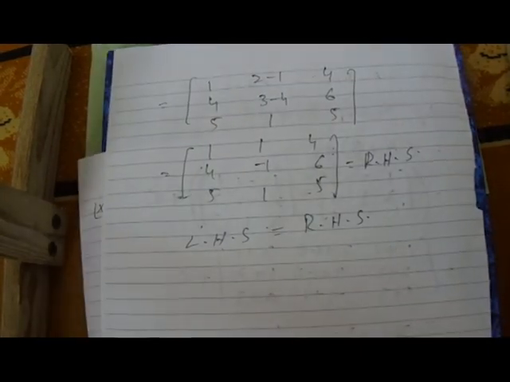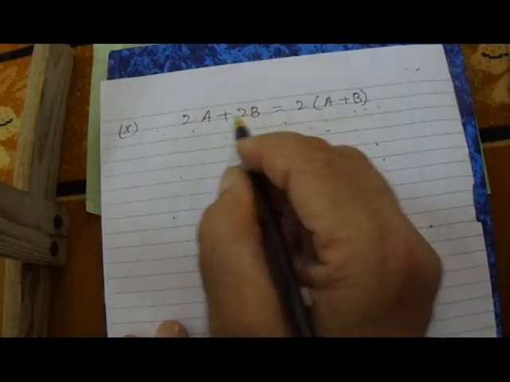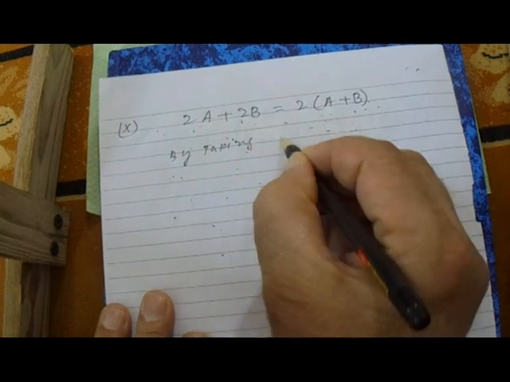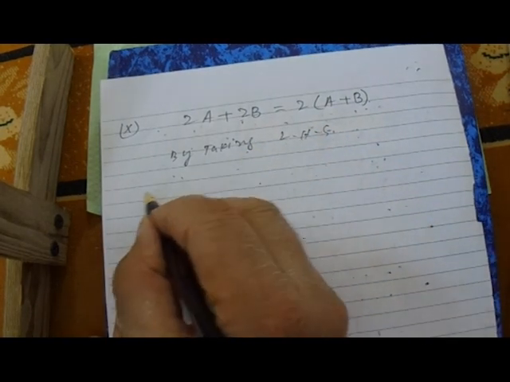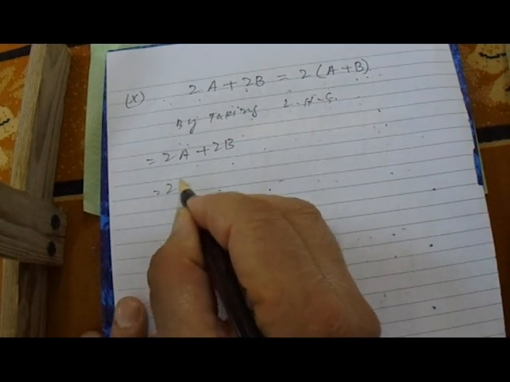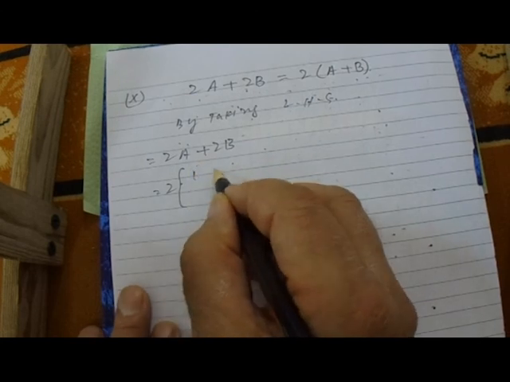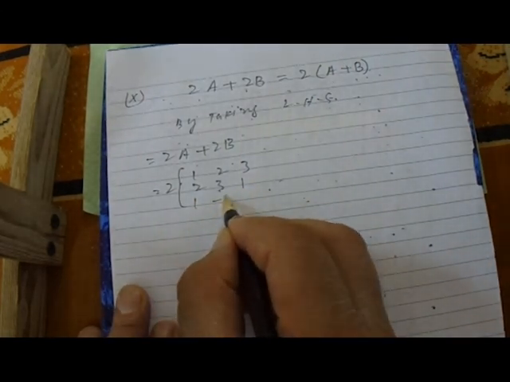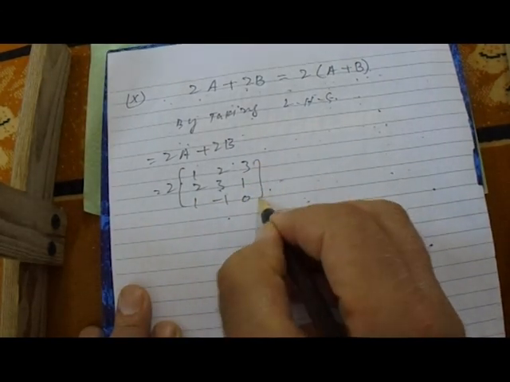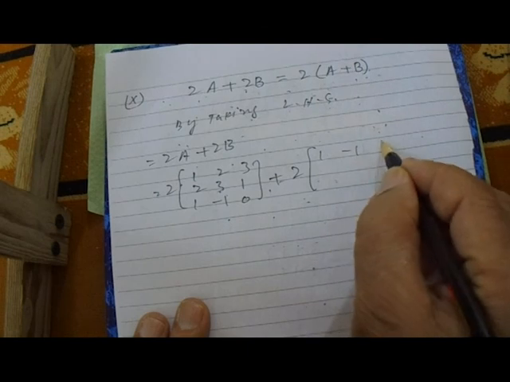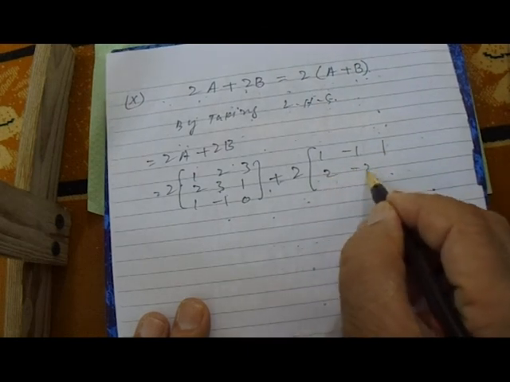Now take the 10th question, question number 10. Taking the left hand side, we write here 2A plus 2B, and write here 2 into A matrix, 1 2 3, 2 3 1 and 1 minus 1 0 here, and plus 2 into B matrix, 1 minus 1 1 and 2 minus 2 2.